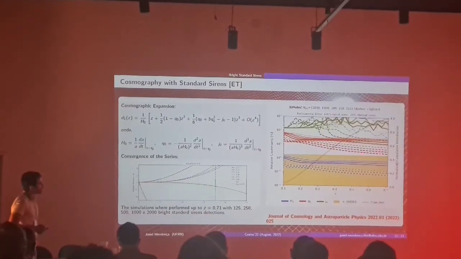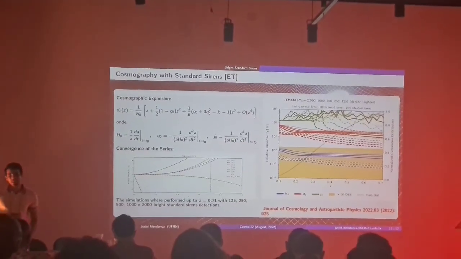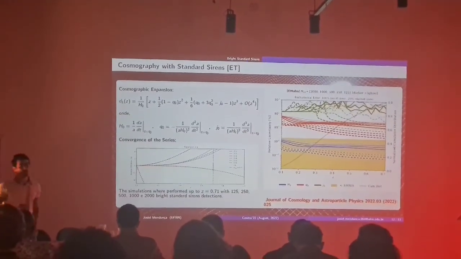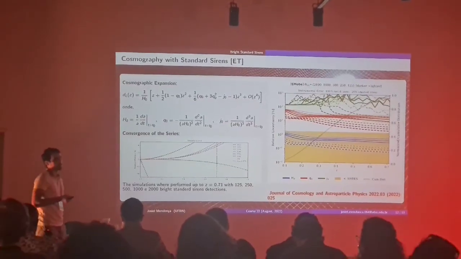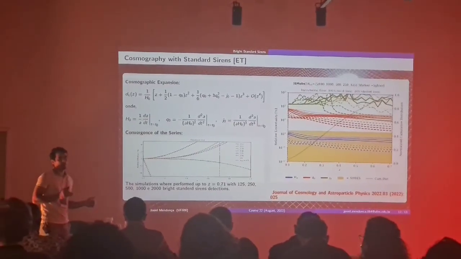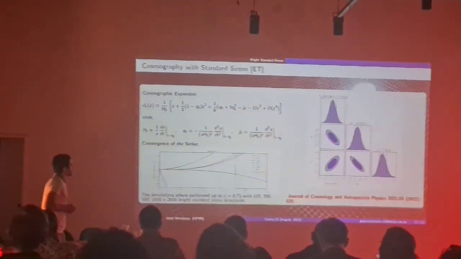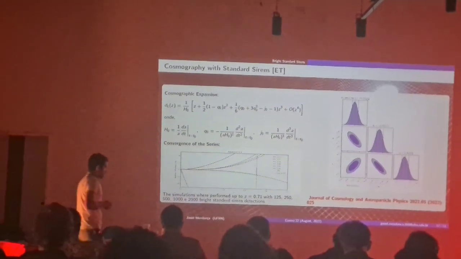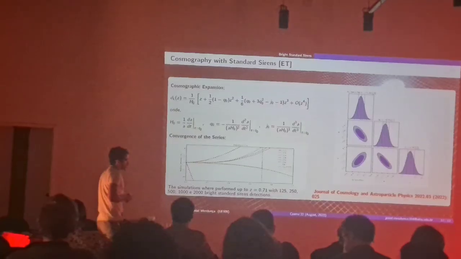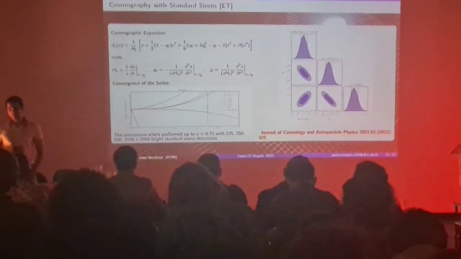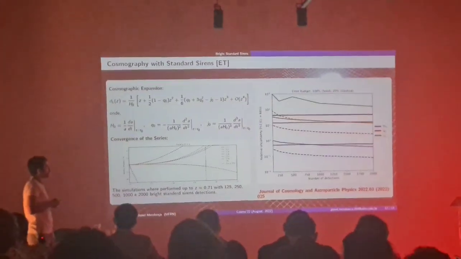And this dashed curve here is the case when we can improve the measurements of the luminosity distance up to 20%. That is comparable with that of the gravitational lenses. Okay. So this is a parameter estimation of these cosmographic parameters using the Pantheon data, the supernova.